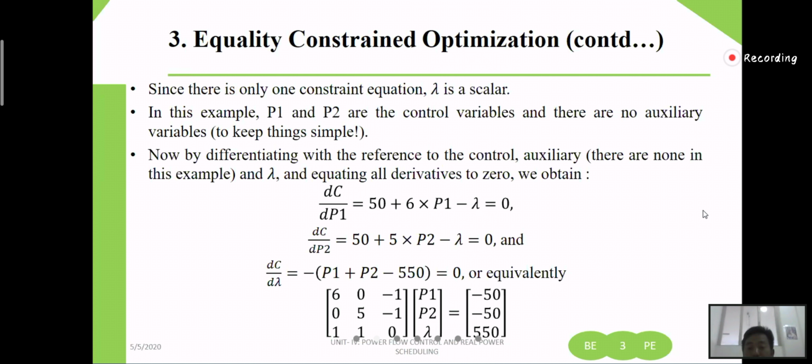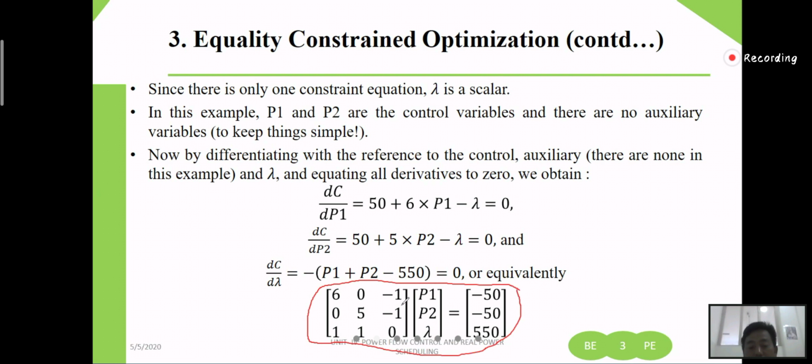Now you can put this in the form of a matrix. Here, optimization means we make it in the form of a matrix and then try to solve it. We arrange it in such a way that p1, p2 and lambda form the column vector.